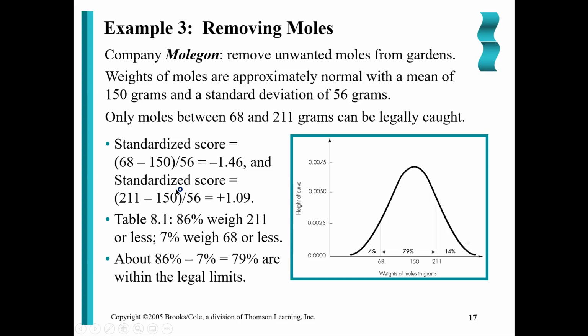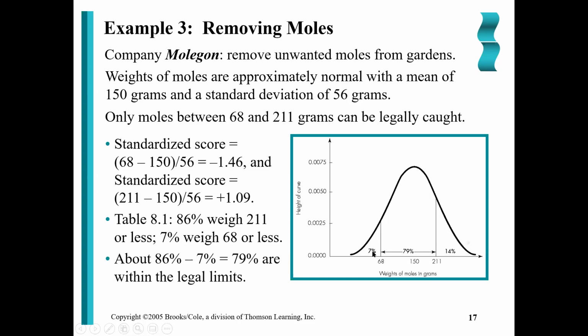And then for the moles that weigh 211 grams, you converted that to 1.09 as a standard score, and if you look that one up, it's about 86% is less than that. So 86% is less than this value here. And we're interested in the percentage in between these two numbers. So 86% is the whole area to the left of the line to the right here, this whole area, including the 7%.